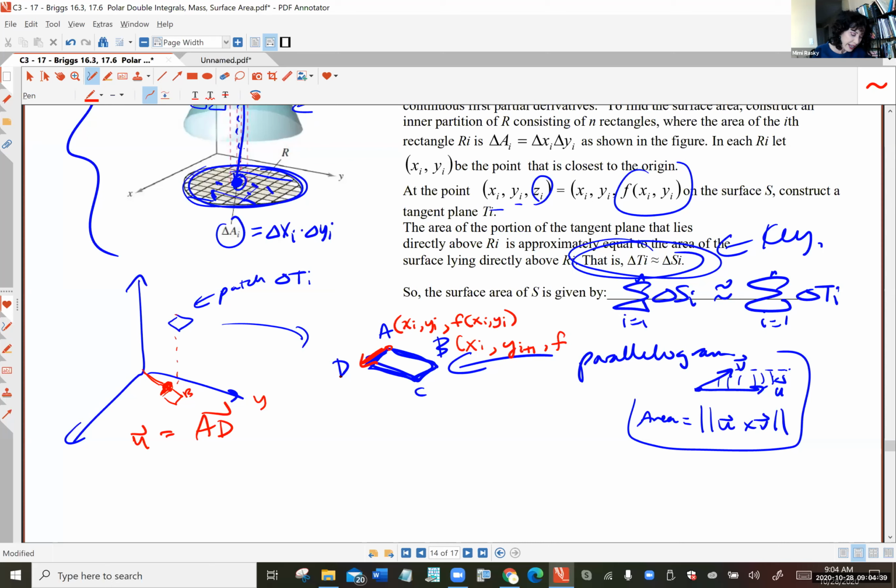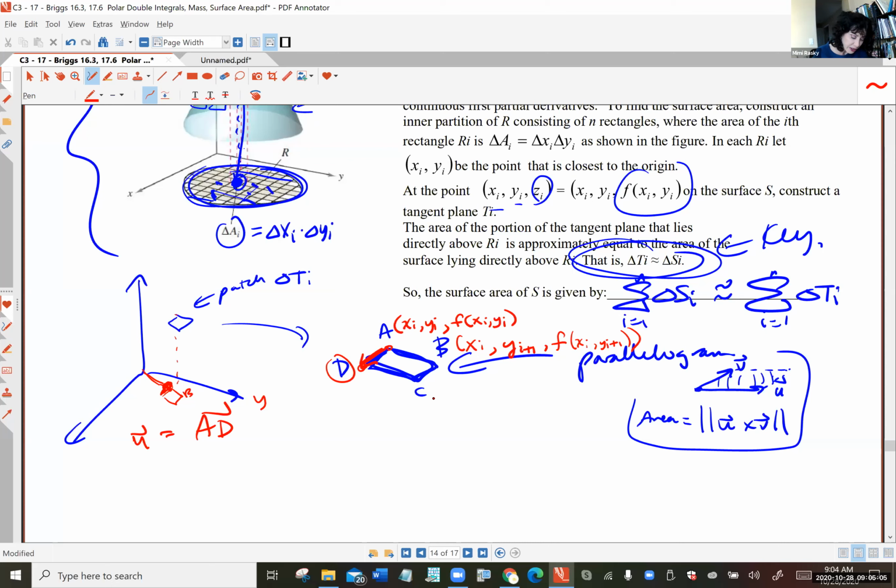Now let's do the ordered triple for the point D. Since he's heading in the positive x-axis direction, his x is a little greater than A's original x, so his x coordinate will be x sub I plus 1. On the other hand, he has the same y coordinate as A because he's not moving in the positive y direction.